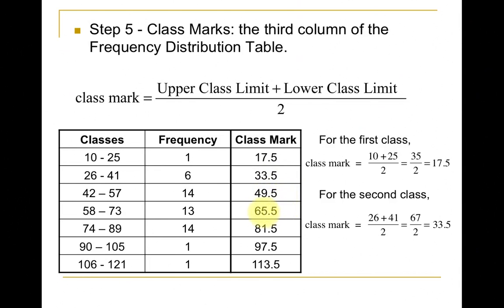Add 16, add 16, add 16, add 16, and you can populate the entire class mark column. You just have to make sure that very first class mark is correct. If it's not correct, then everything else will be incorrect if you keep adding 16. So you just want to make sure that that first one is perfect, and then when you add 16, everything else will fall in line.